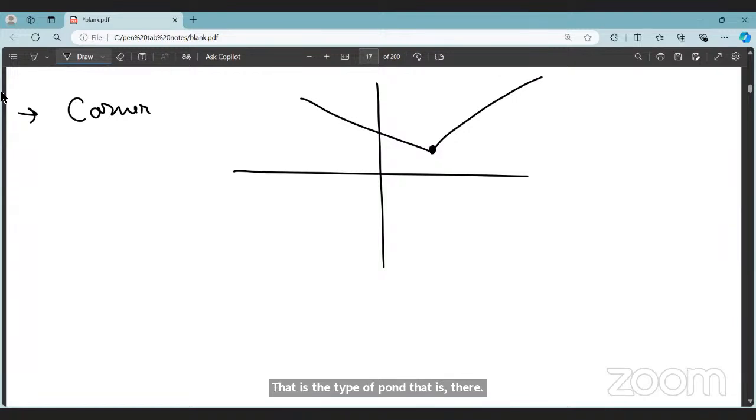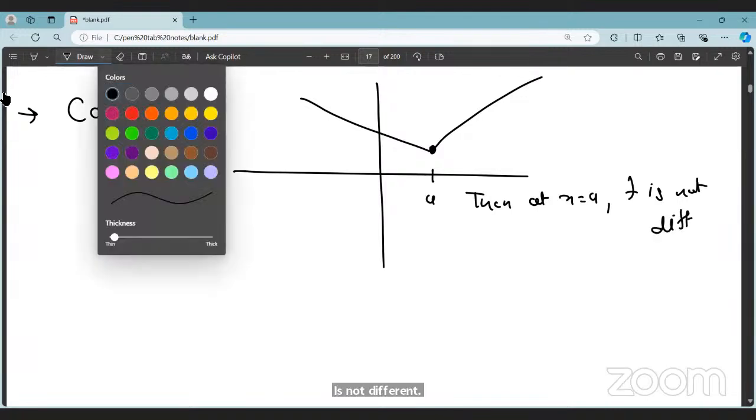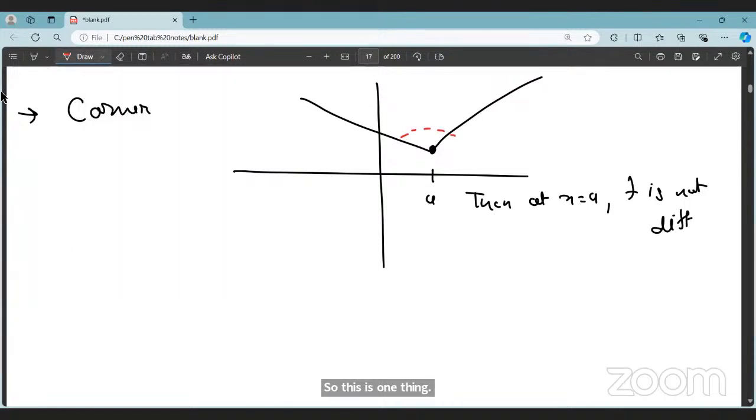If this is a, then at x equals a, f is not differentiable. This point has infinitely many tangents actually. You can't draw a unique tangent. This line will be tangent, this line will be tangent, this line will be tangent, right? So that's the reason for corners.